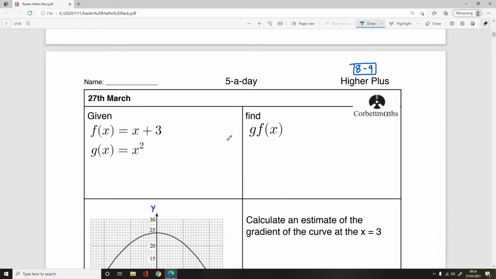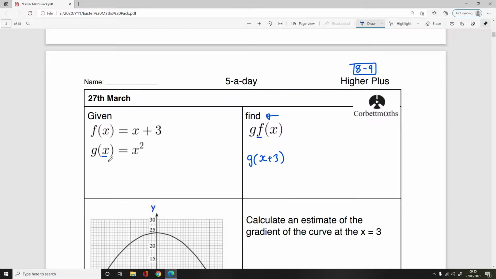If you're doing composite functions, you start from the right-hand side. So that means we start with f. F of x is x plus 3. So we'd write in x plus 3. And then we want to do the next thing, which is g. So we want to do g to x plus 3. What does g mean?